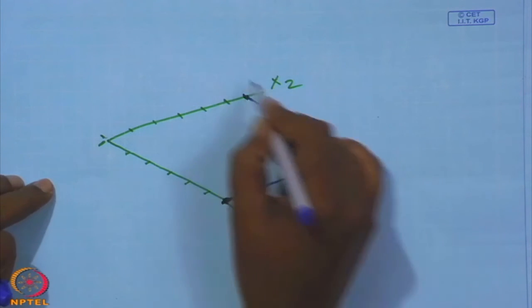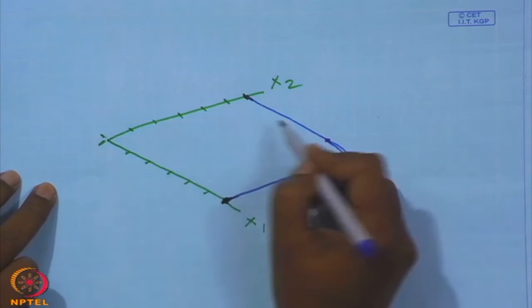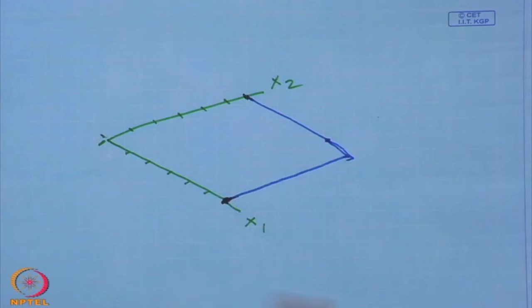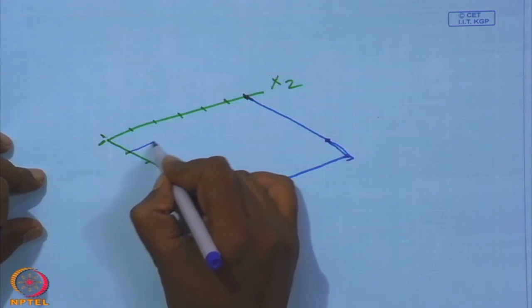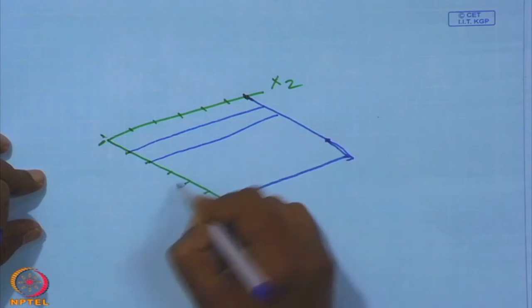So, this defines a bounded area. And when I break x 1 and x 2 into a number of bins, this bounded area is divided into a number of rectangular cells. So, the cells that I will have will be rectangular in nature, something of this form.